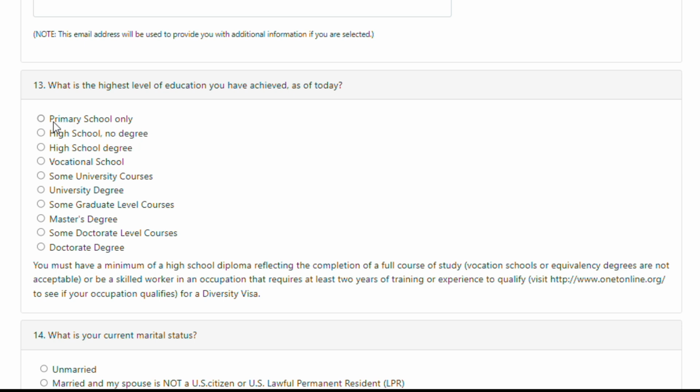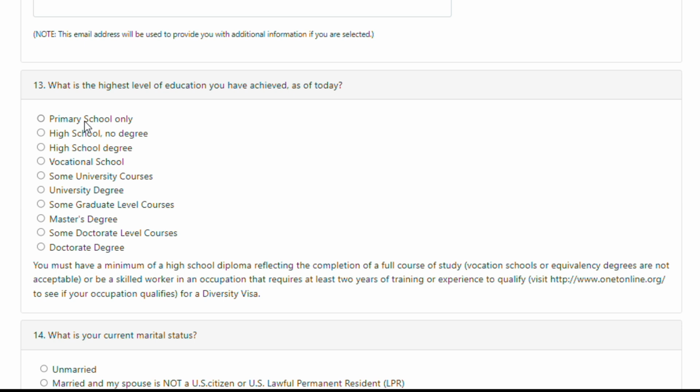Primary school only speaks of three individuals. If you did not go to any school, you can apply using primary school only. If you started primary school but did not complete it, you select this as well.